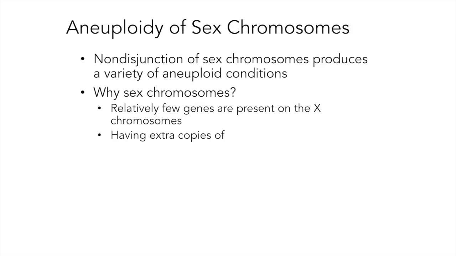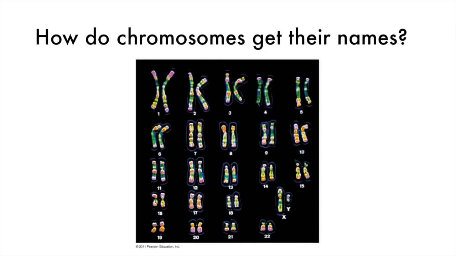Hopefully you recognize that chromosome number 1 looks a little bit bigger than number 2, which looks bigger than number 3, 4, 5, 6, 7, and so on, all the way down to chromosome number 22, which looks like the smallest one. And it turns out that the size is how they get their names.